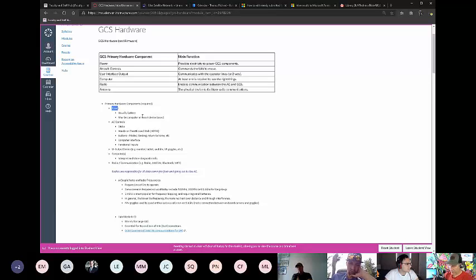So it's an independent power source, usually a battery, but our GCS can be powered by AC power that comes from a generator, comes from an outlet, whatever that AC power source is going to be.